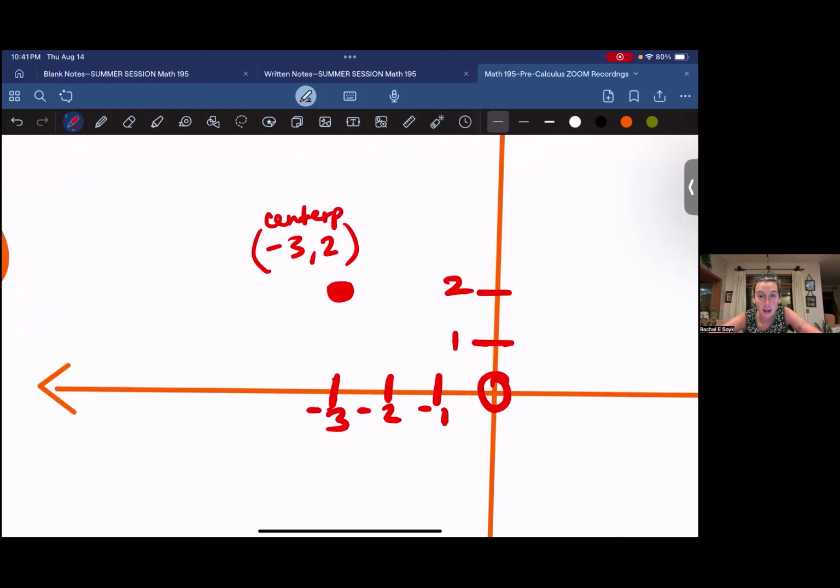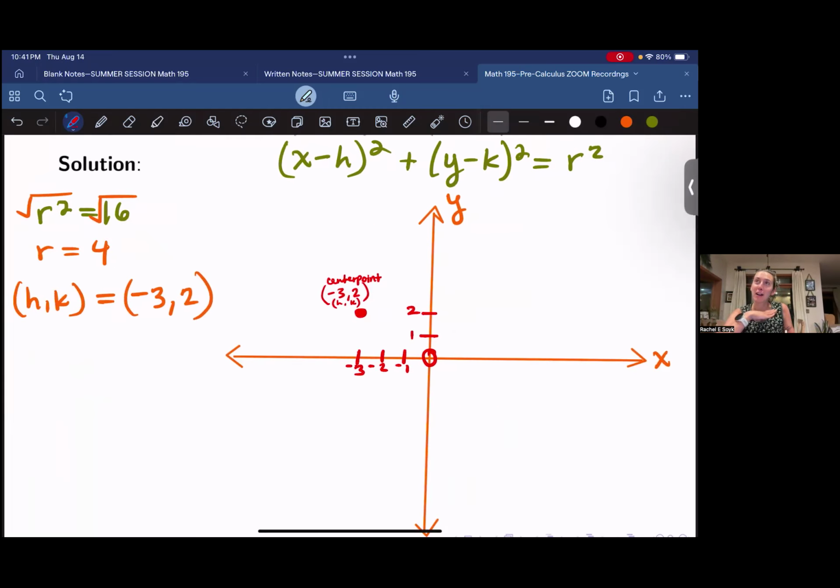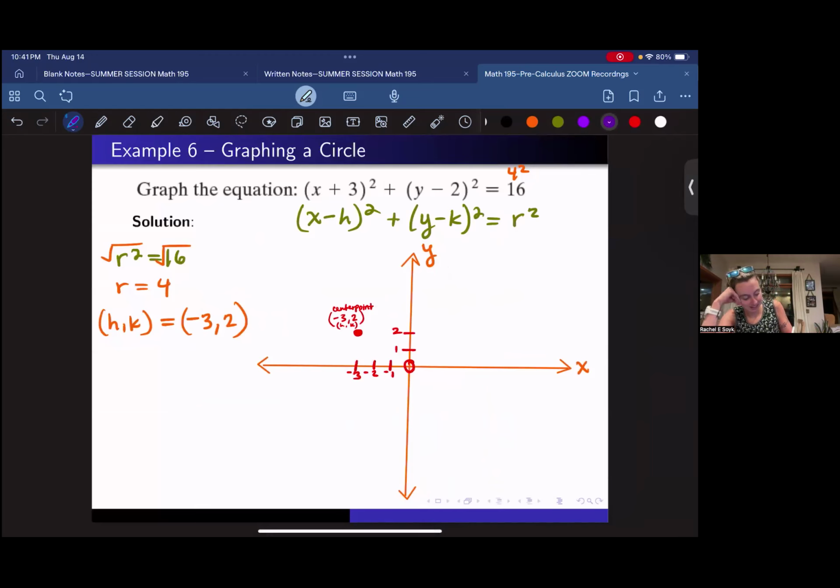And then we have a radius of 5. So we're just going north, south, east, west, 5 units. 1, 2, 3, 4, 5. And then plotting that point north.